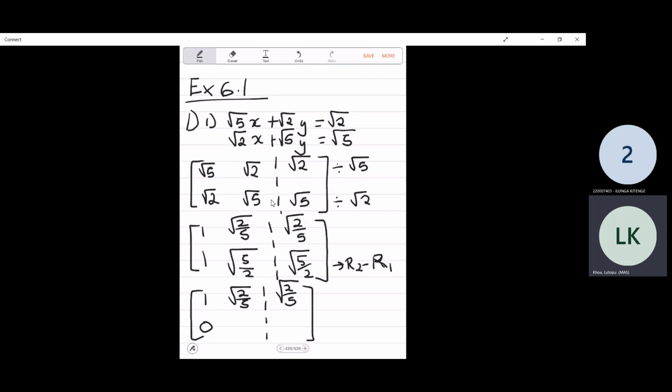You can do that on your calculator: square root of 5 over 2 minus square root of 2 over 5. Okay, so this is 3 over the square root of 10.